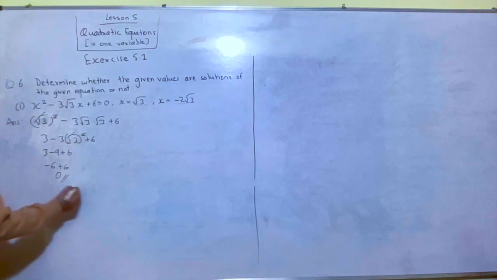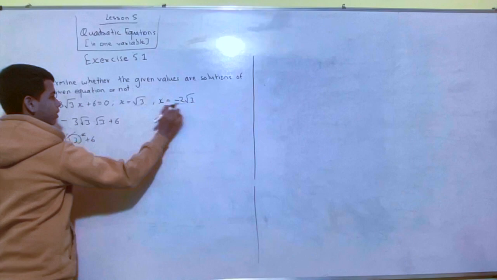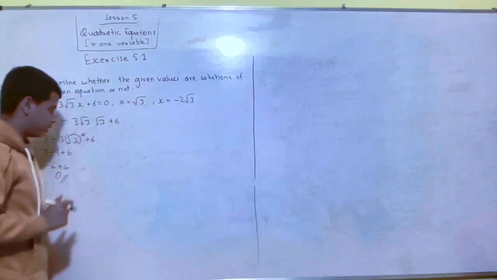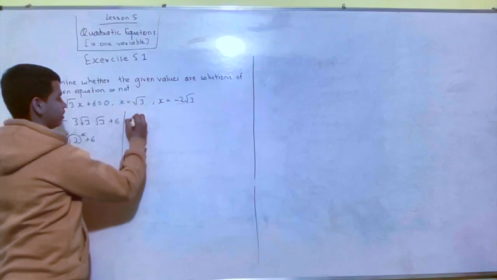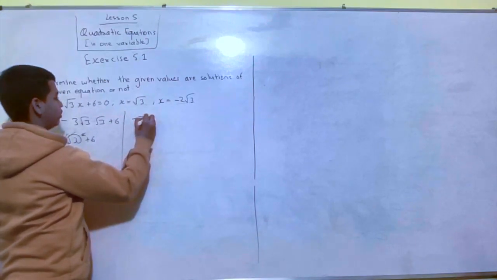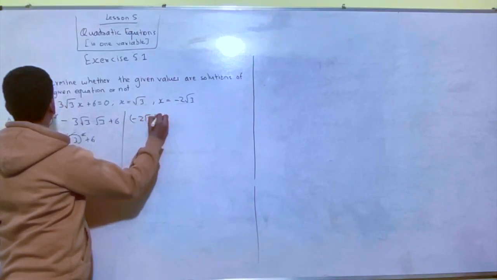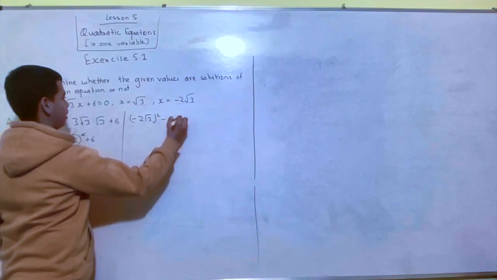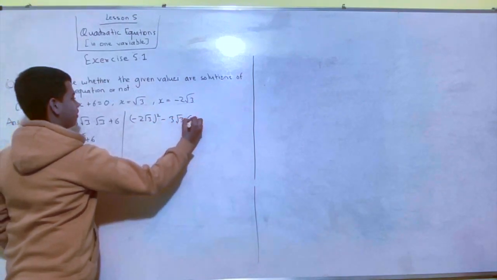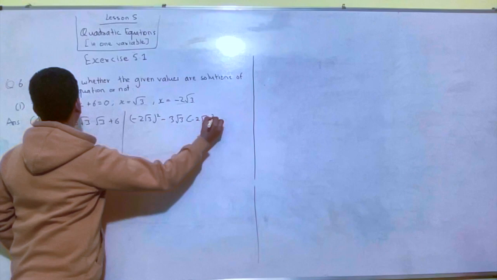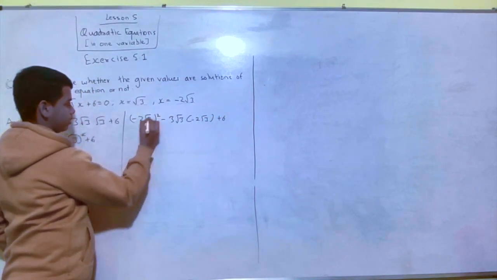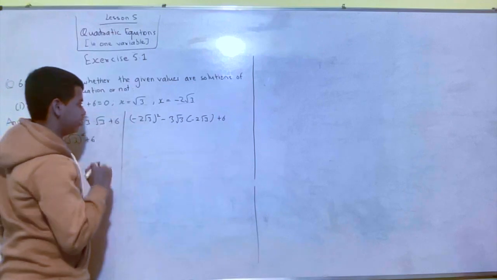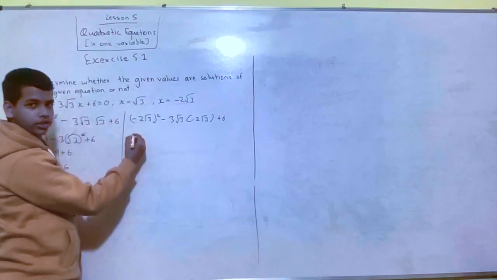Now let's get to the next value, which is minus 2 root 3. I'm just going to write it again, and here I have minus 2 root 3 whole square minus 3 root 3 times minus 2 root 3 plus 6. When I do this calculation, I'm not going to write all the steps.